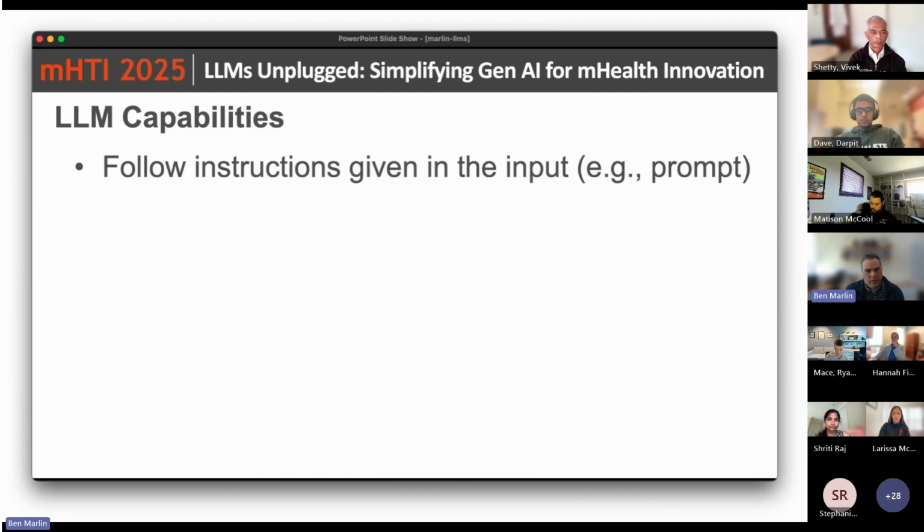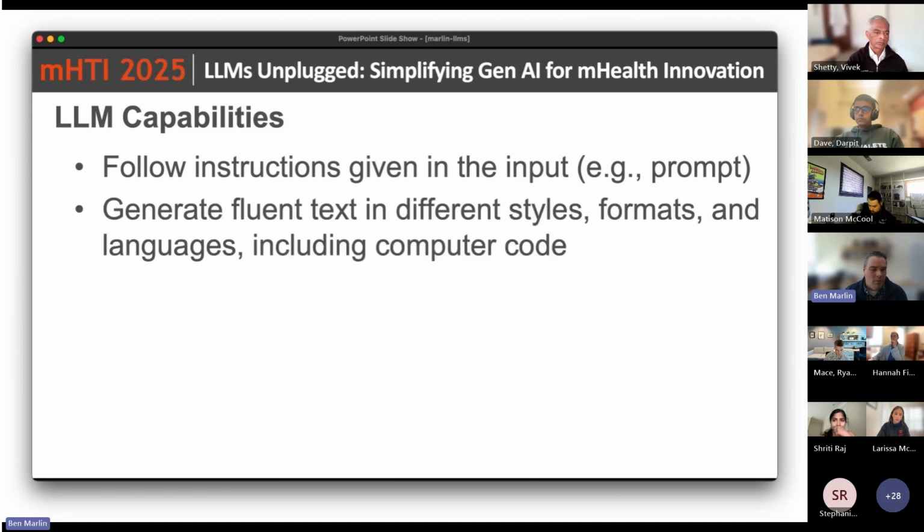So the basic capability set that's claimed for these models following post-training is that, generally, for models like ChatGPT and for Llama 3.3, they're able to follow instructions given in the input quite well. So they'll generally try to do whatever it was that you asked them to do in the prompt. They're able to generate fluent text in different styles and formats and languages, including computer code.